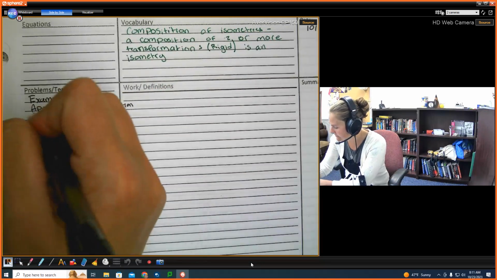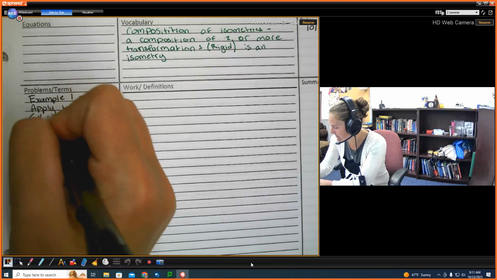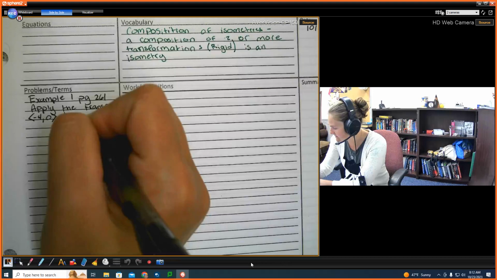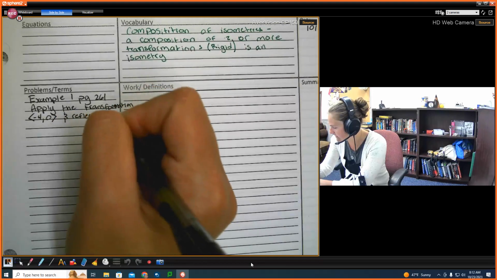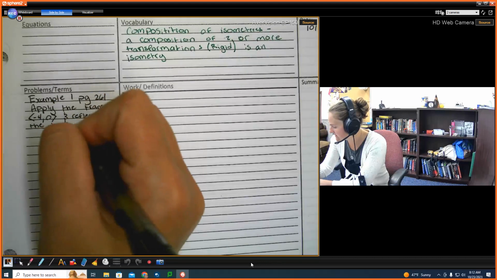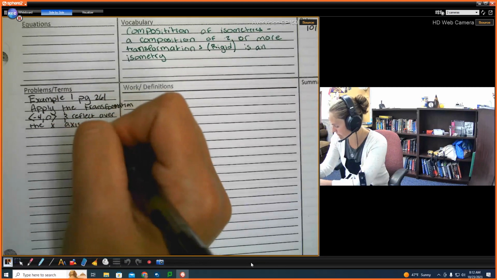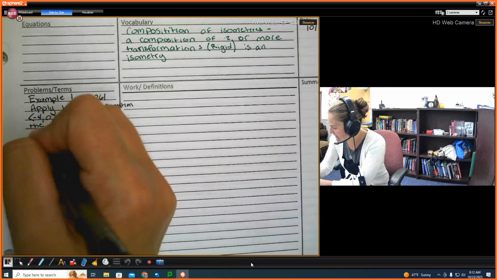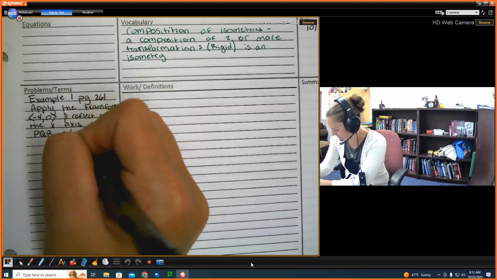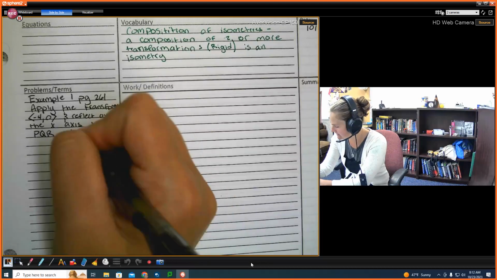We're going to do the vector <-4, 0> and reflect over the x-axis to PQR. And then we're going to write the points. P is 1, 1.